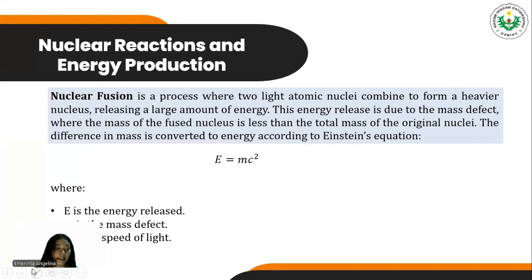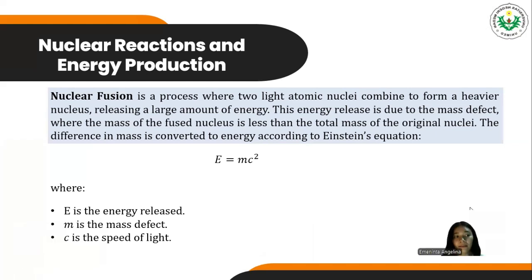The next material, in question number two, is about nuclear reaction and energy production. Nuclear fusion is a process where two light atomic nuclei combine to form a heavier nucleus, releasing a large amount of energy. This energy release is due to the mass defect, where the mass of the fused nuclei is less than the total mass of the original nuclei.